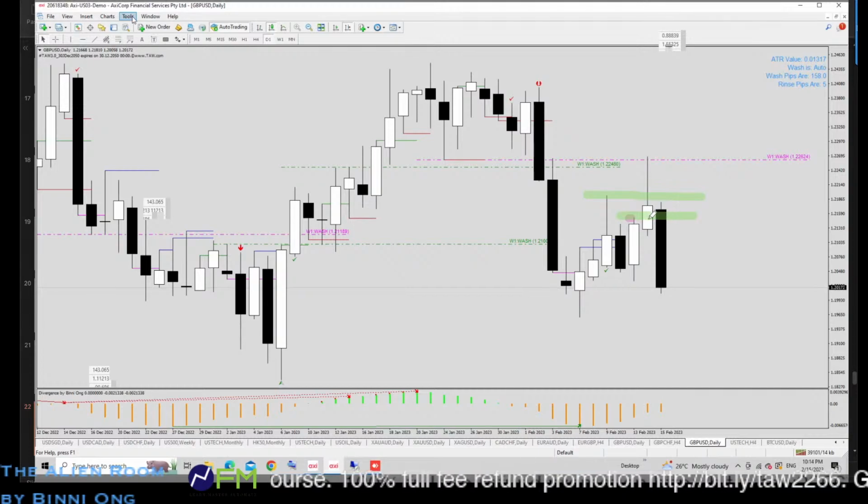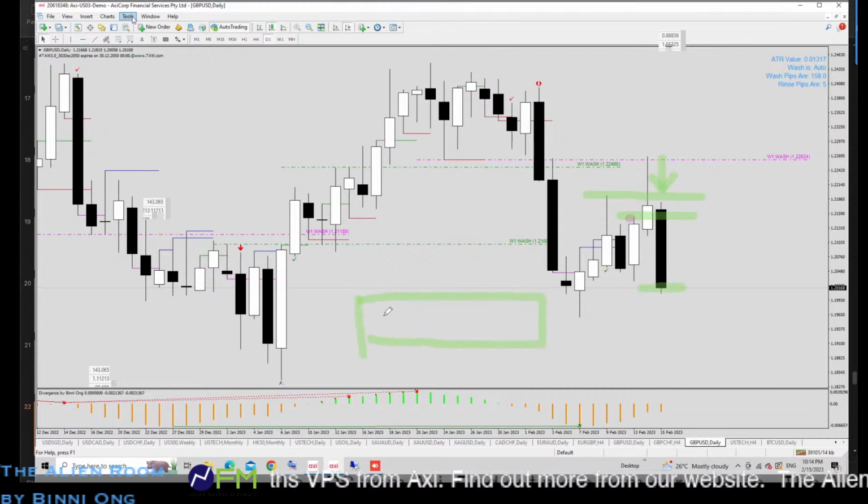Instead of staying above the green line, it actually comes back down. Now rather than wait for the day to close, what we do is break the day. This is one day, and we break it into 6 parts: 1, 2, 3, 4, 5, 6. Like PSLE, you draw the blocks here.